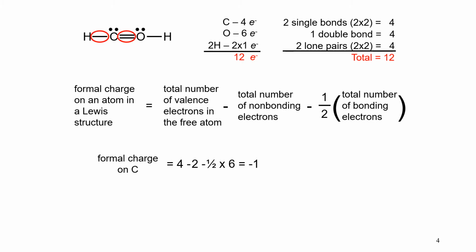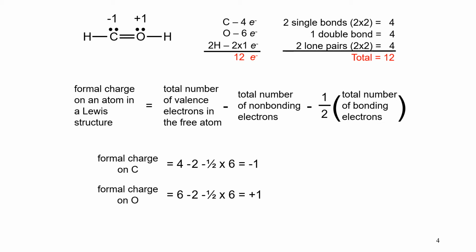So we get a formal charge on carbon of -1. Now we do the same thing for the oxygen, 6 valence electrons, minus 2 non-bonding electrons, minus 1/2 times 6 gives us a +1 formal charge on oxygen.